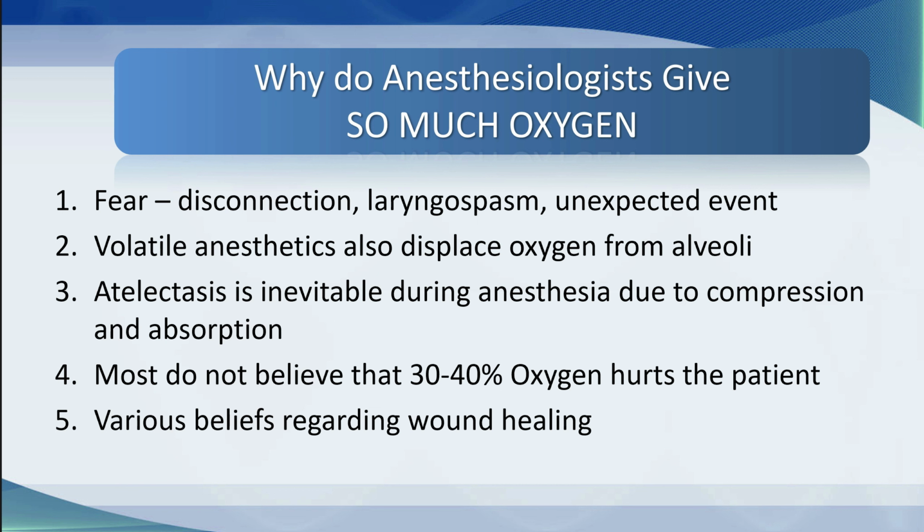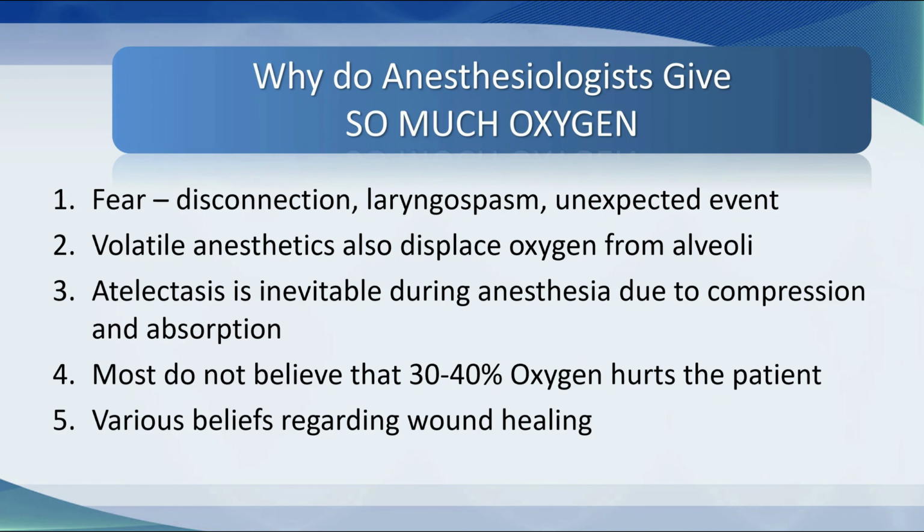There's also, aside from the compression atelectasis, absorption atelectasis associated with all the oxygen we give. Most anesthesiologists do not believe that giving 30 to 40% oxygen hurts the patient, and there is no compelling evidence that it actually does so. And finally, there is some lingering belief out there that high intraoperative inspired oxygen tensions may reduce the risk of surgical site infections, but this is not supported by currently published evidence.